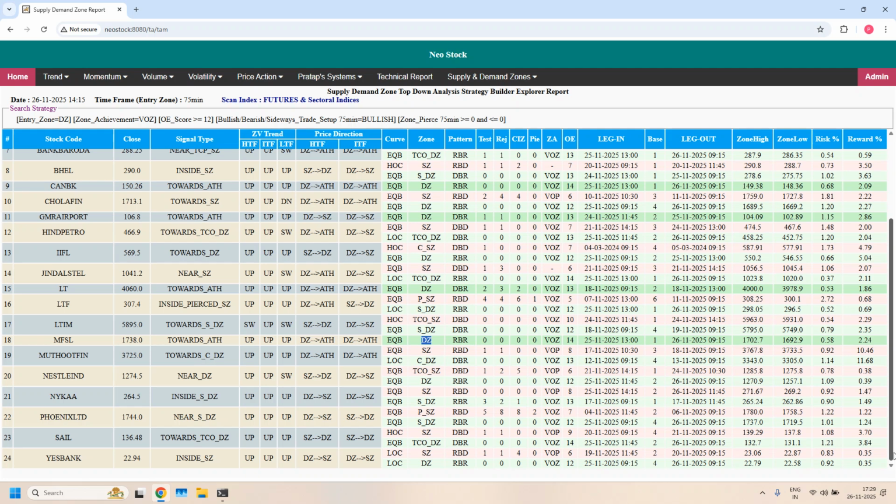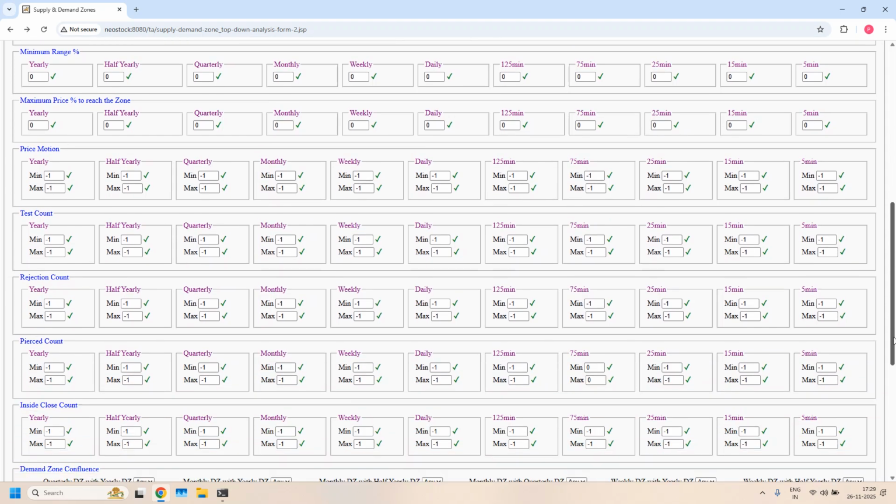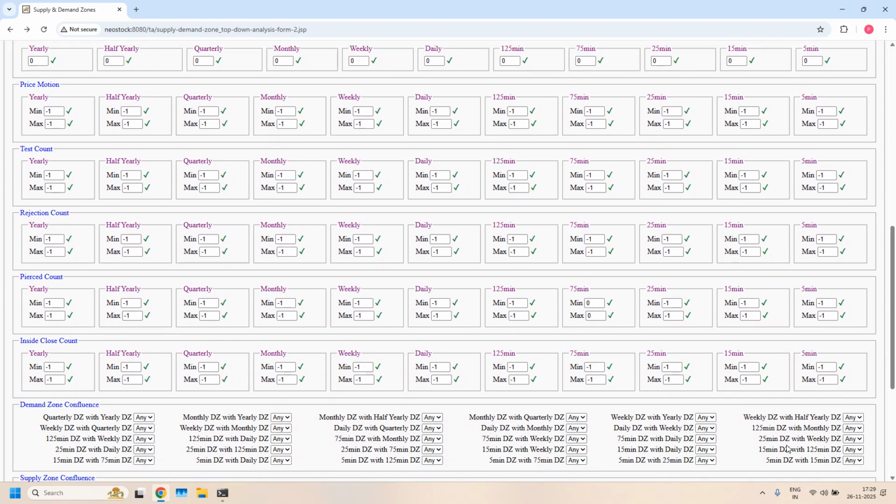Out of these 24 75 minutes demand zones, we should identify high probability trade setups supported by the 75 minutes demand zone based on the two strategies that I will explain in lesson 27. So first strategy, first step I am applying on these 24 stocks. That is LTF and ITF demand zone confluence, that is 75 minutes and daily demand zone confluence.